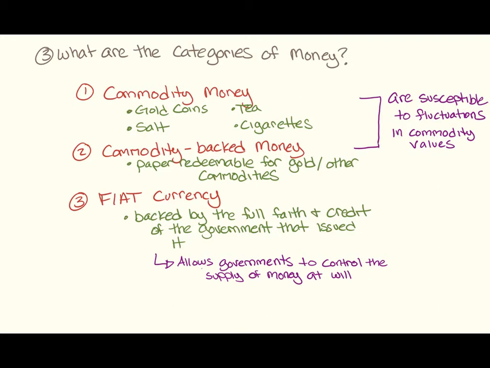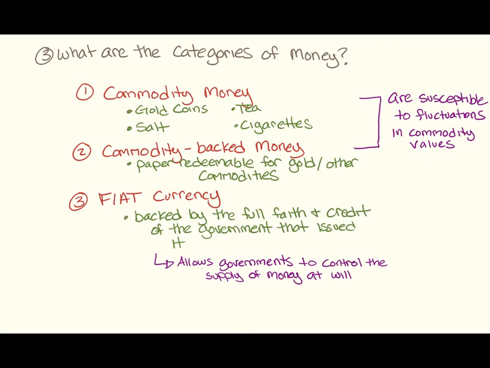So these commodity-backed monies are paper money, but they represent a commodity and can be traded freely for that commodity. It removes a lot of the irritation of having to walk around with a lot of heavy commodities. It also removes the danger of getting all of your stuff stolen. Now all you have to do is secure some paper, which is a lot easier to secure than a ton of gold or 70 packs of cigarettes on your person.